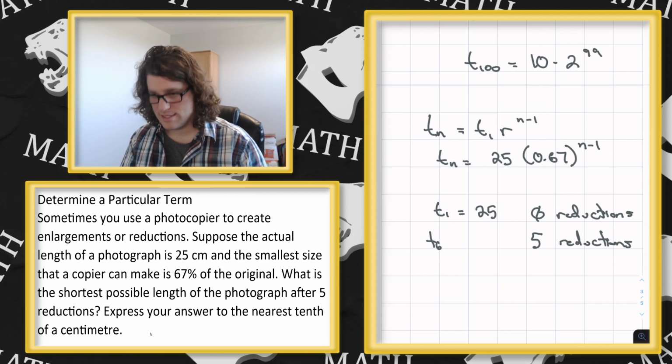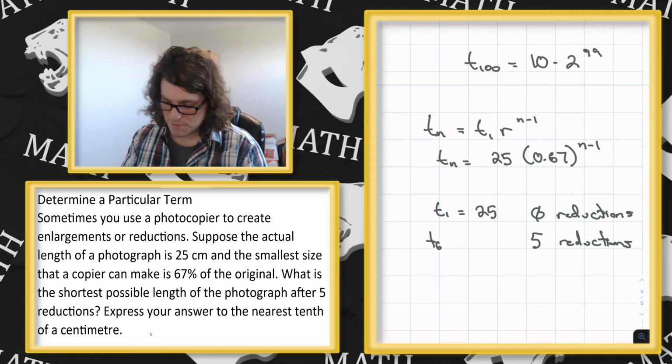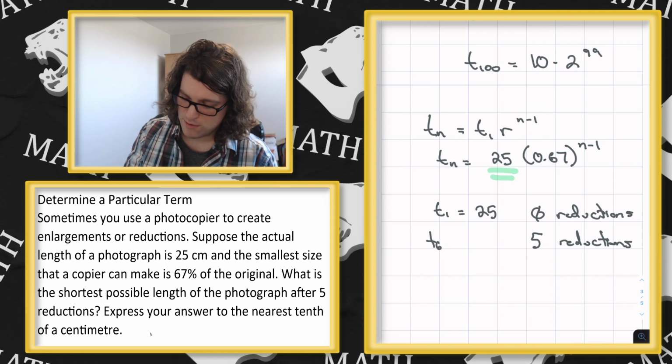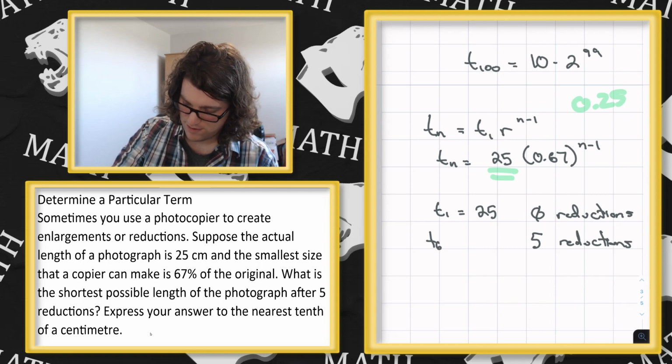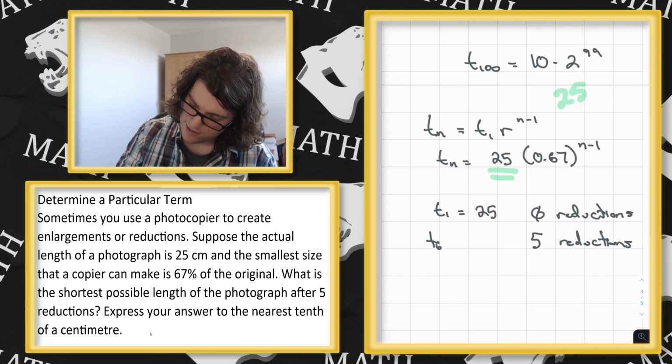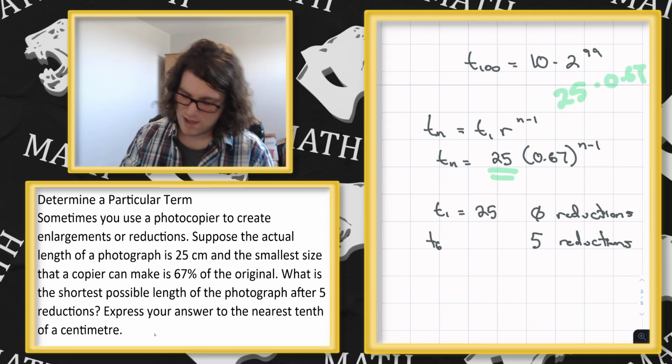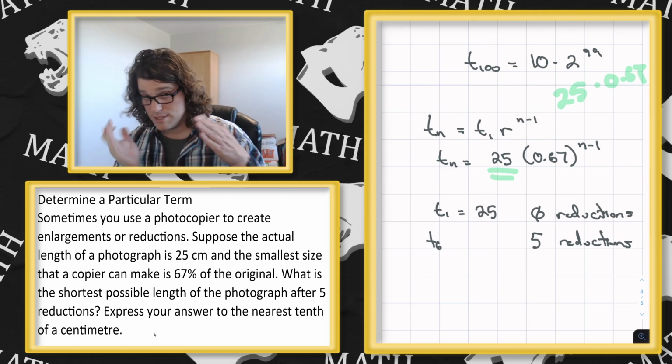Now, as I said, you could set this up a little differently so that this value right here was actually 25 times 0.67. I already discussed that I was going to keep it in centimeters. So 25 times 0.67, and that would be okay, and that could be your T1.